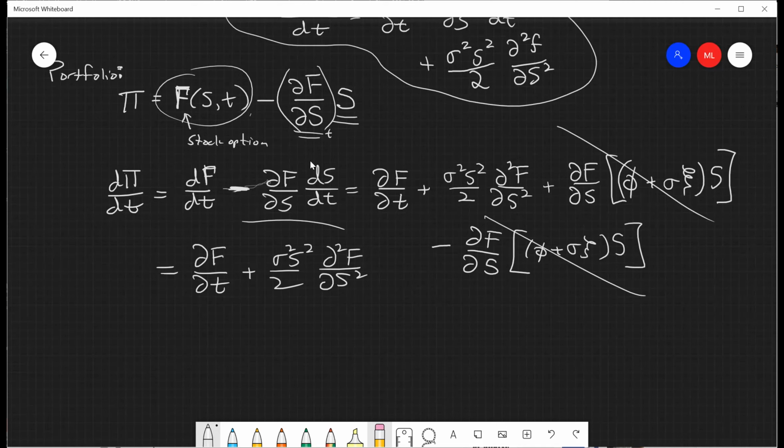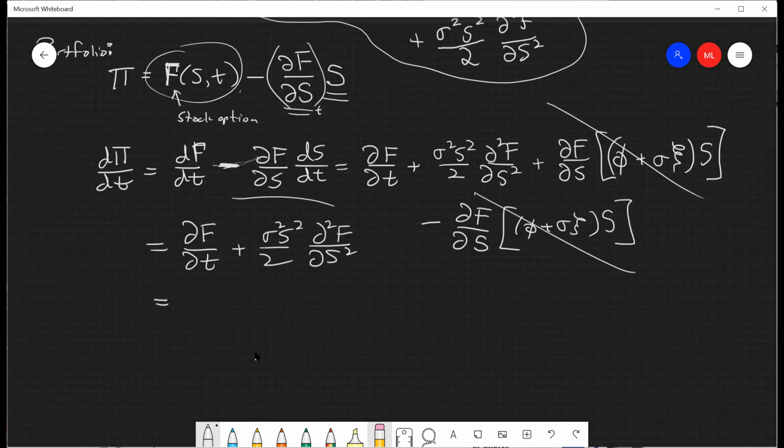Then this whole thing must be equal to some constant rate of return, which I'll call little r times pi, the portfolio value. That's the only thing that it can be.